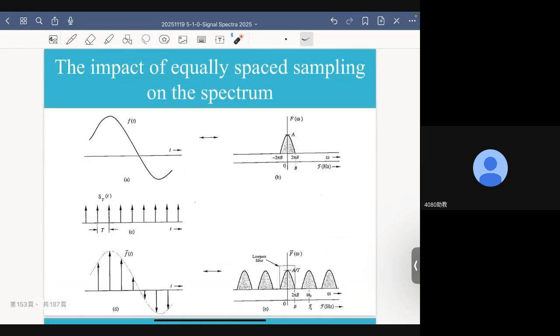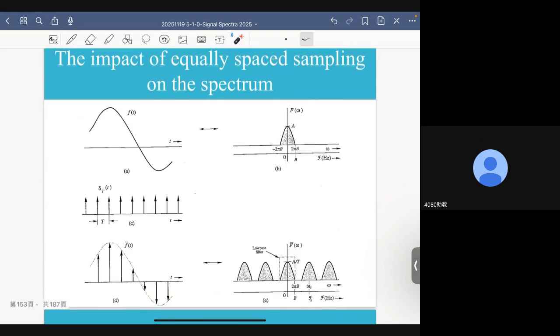But theoretically speaking, the frequency of the highest frequency component of the signal is infinity.